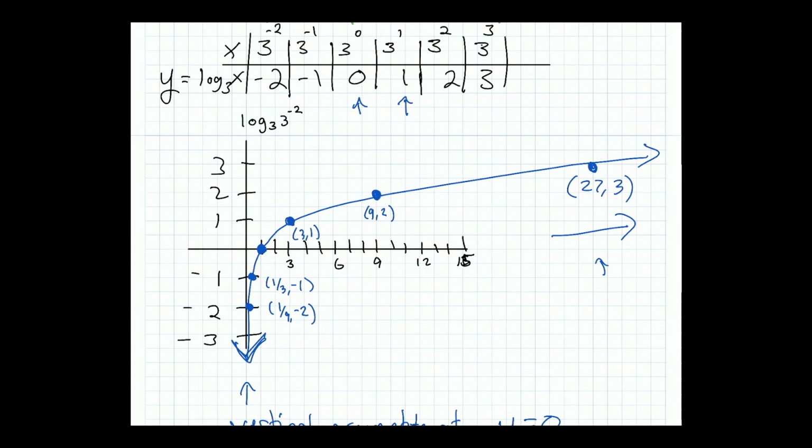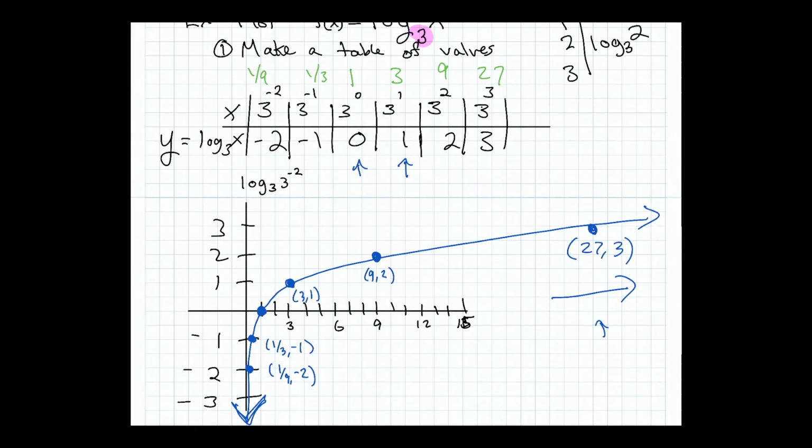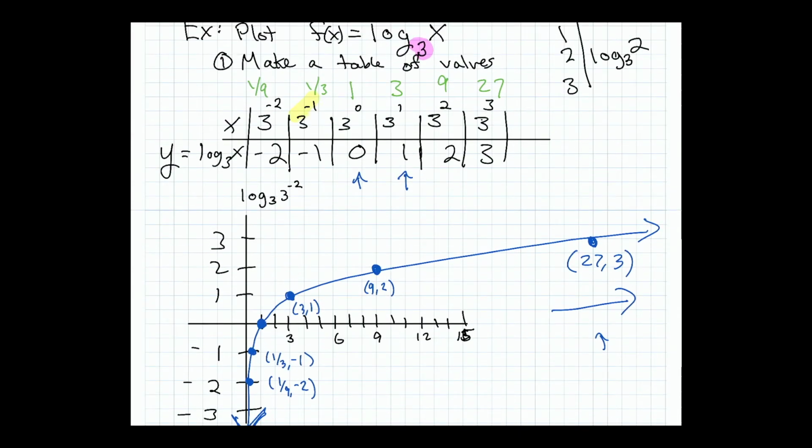If you're trying to pick the correct graph out of a list of graphs in a multiple choice question, you don't need to plot so many points. If I had this point right here, and this point right here, and this point right here, then I probably could tell which was the correct graph.